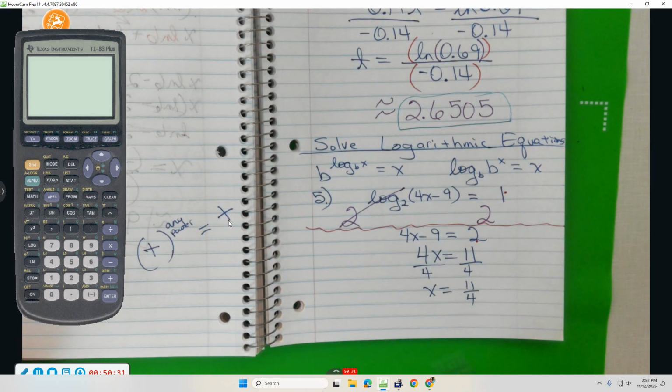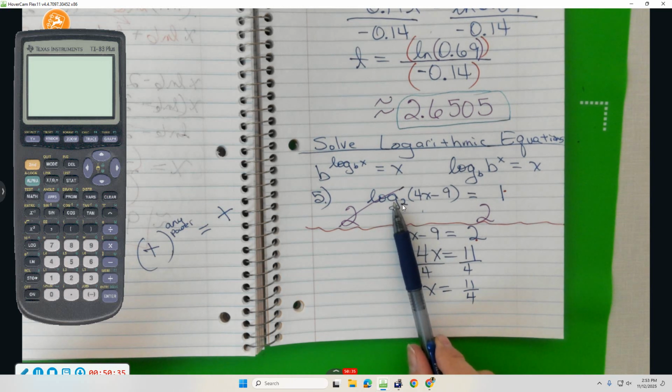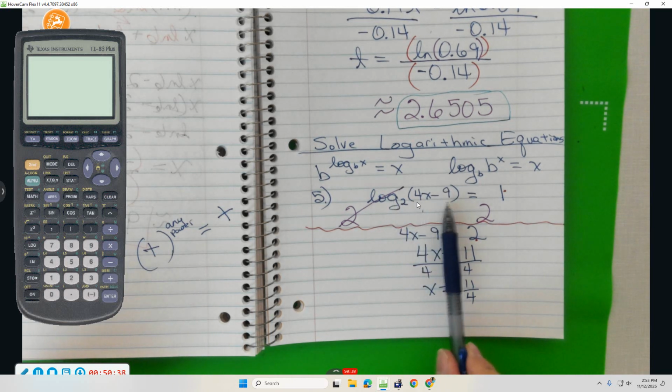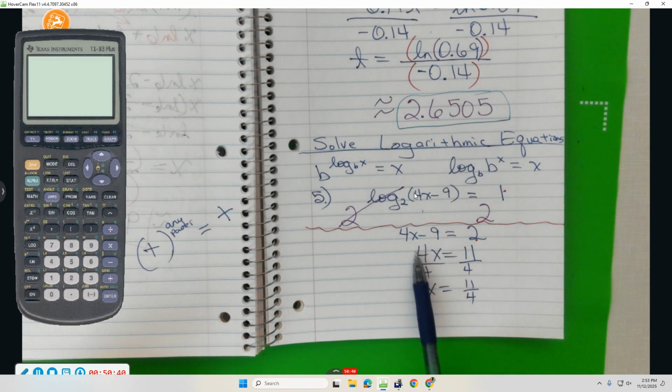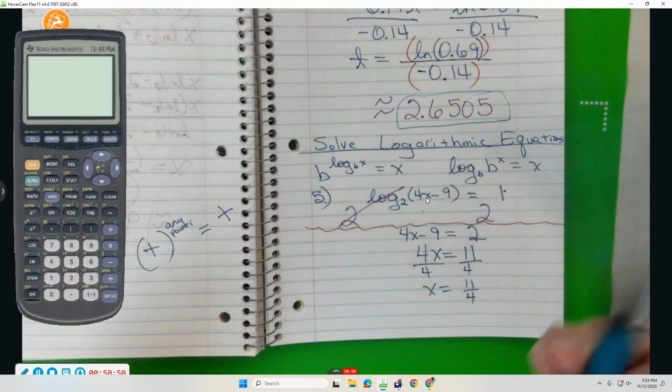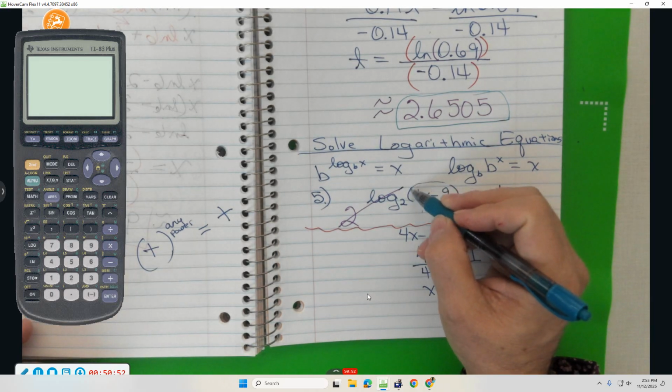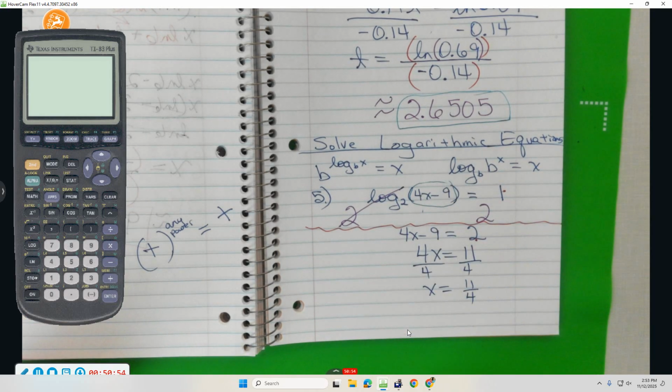So with that in mind, we started off solving an equation that contained logarithms, which means this argument can't be negative. We ended up solving a linear equation where x could be anything. Once you get that x value, you have to make sure that the argument itself is still positive.